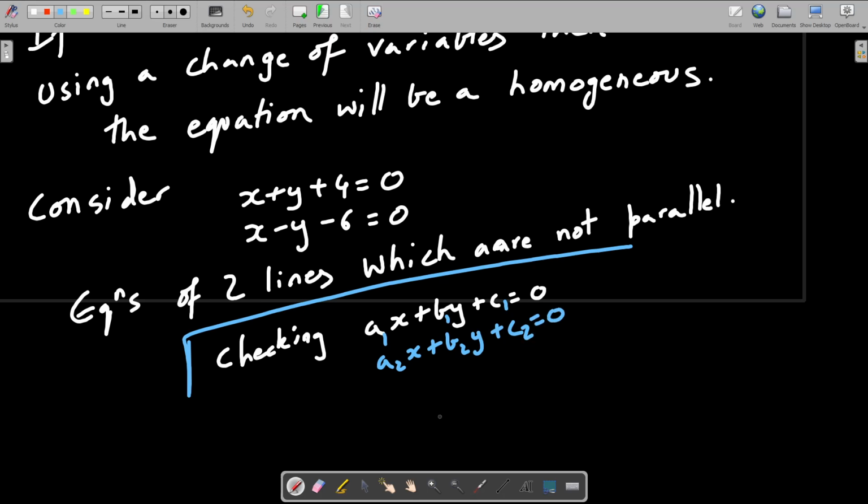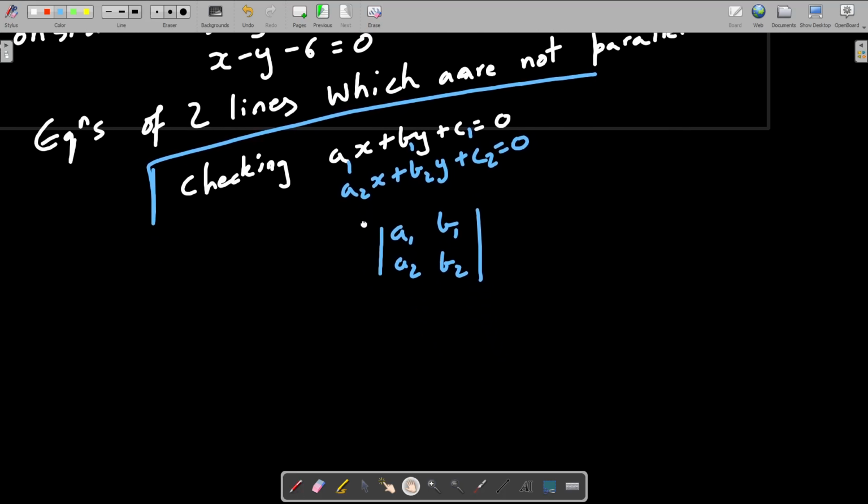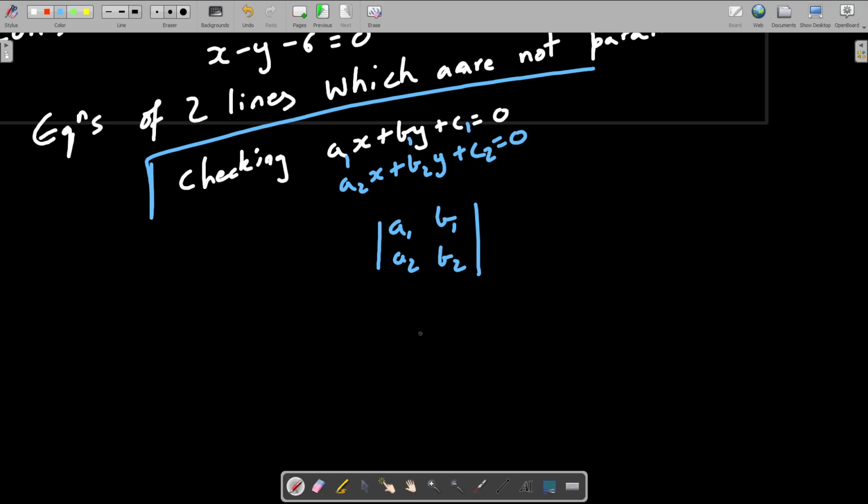How to check these two lines are parallel? Consider the determinant a1, b1, a2, b2. Consider this determinant of their coefficients. Now find out this determinant value.